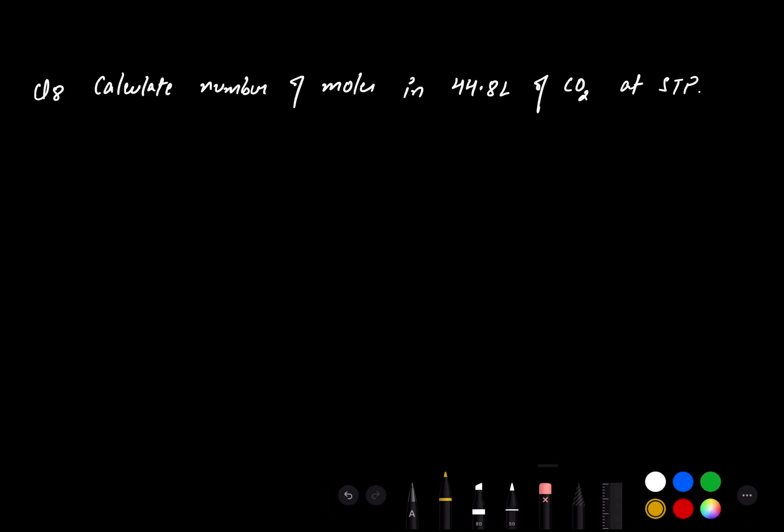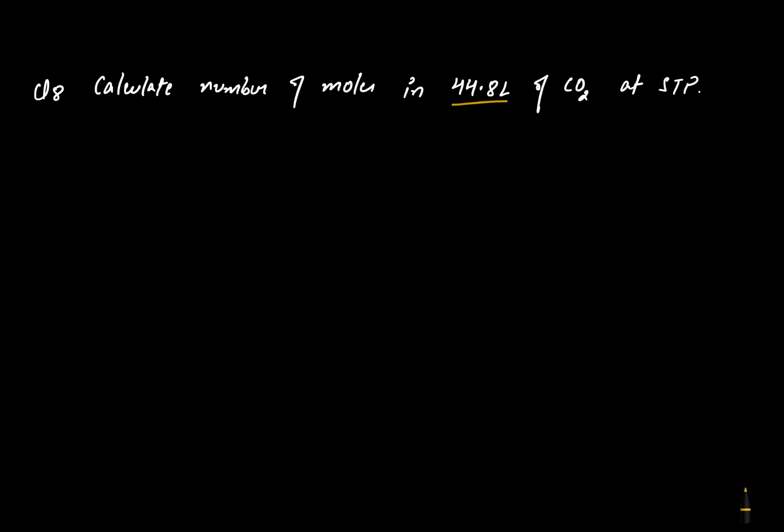In the next numerical, question number 8, he's saying calculate the number of moles in 44.8 liter of CO2 at STP. I have given you the relation of gases in terms of volume, that 22.4 liter of any gas at STP makes up 1 mole.